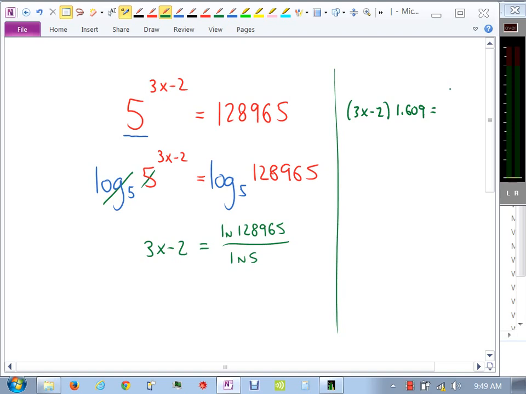Clear it. 128,965. Ah, you did 0.965. Is it point? It's not point. Is it 128,000? Is there a comma in there? It's a comma. Okay, that's what it is. So you did it right if that was a decimal.